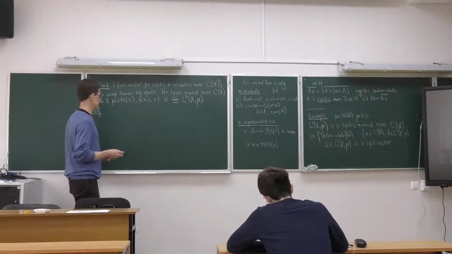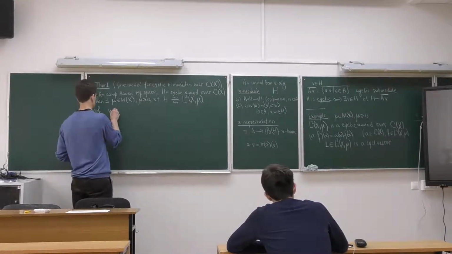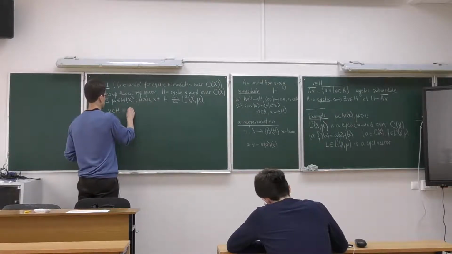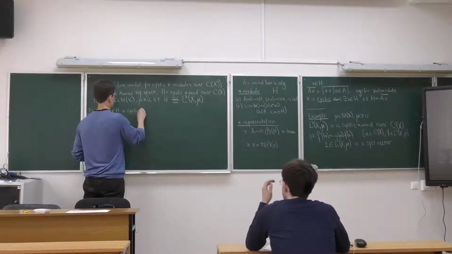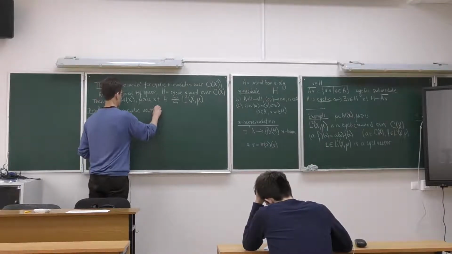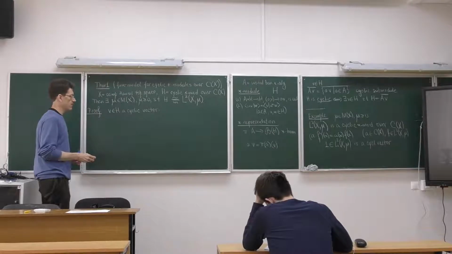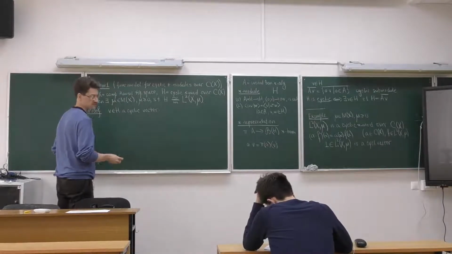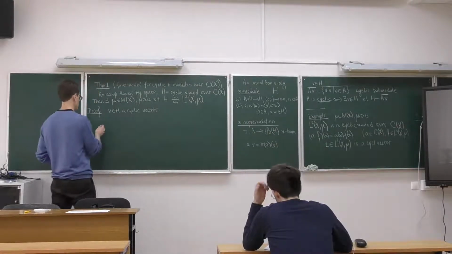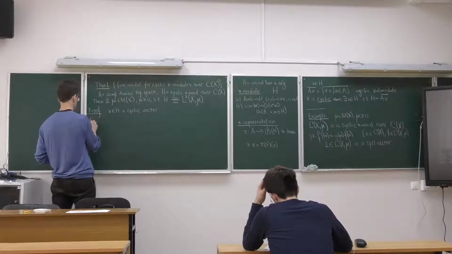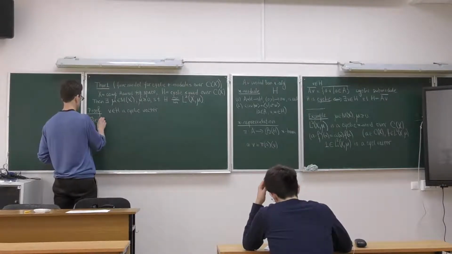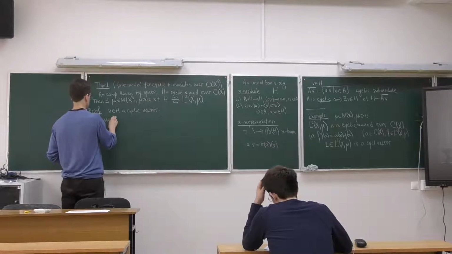So we choose a cyclic vector V, a cyclic vector, and we apply the Riesz-Markov-Kakutani theorem to get a measure.